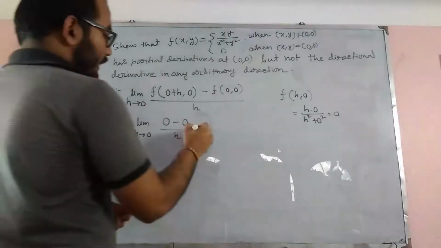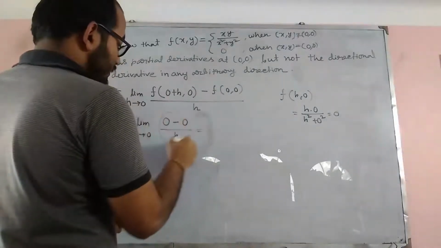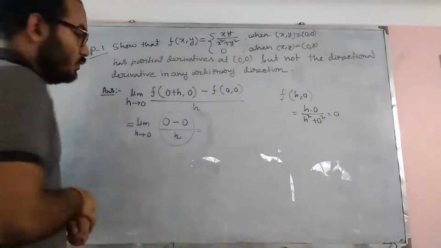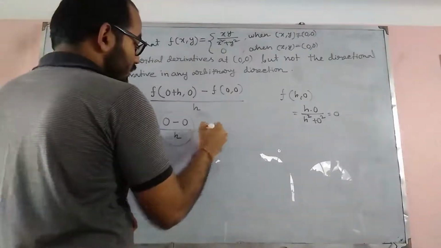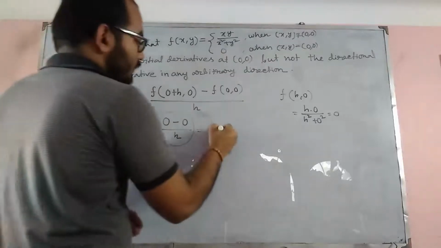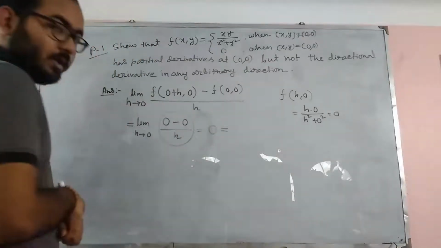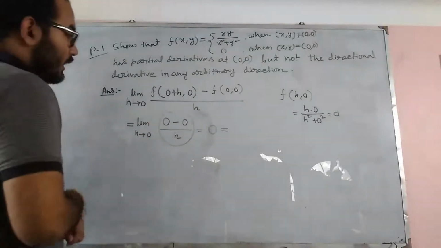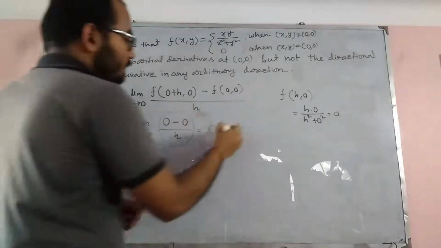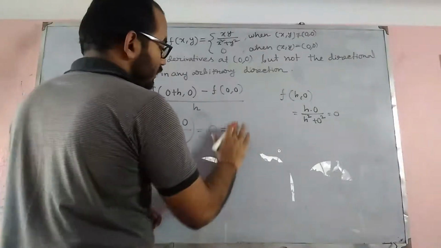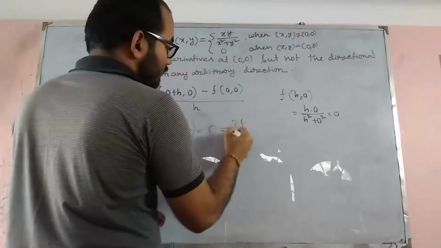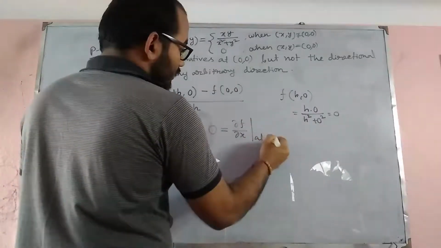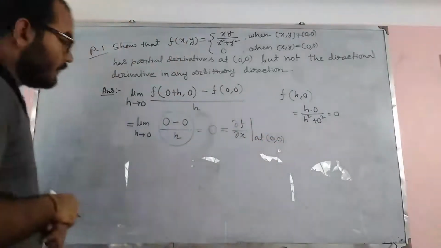But this quantity is independently 0. That is why this quantity is 0. Does the limit exist? Yes, and the limiting value is 0, and this is equal to del f del x at the point 0, 0.